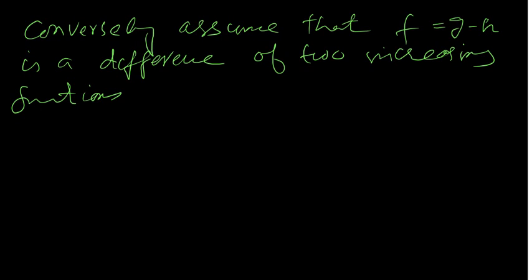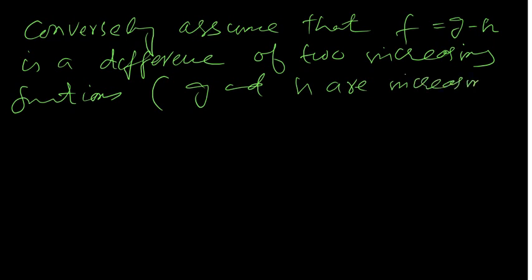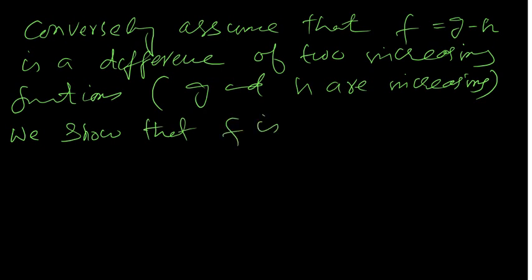G and h are increasing functions. We show that f is of bounded variation. So for this we need to show that its total variation is finite.